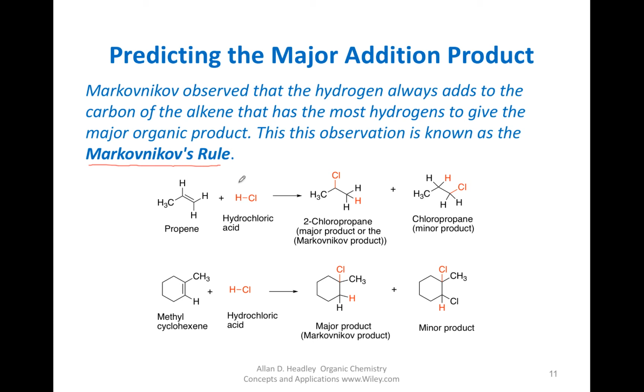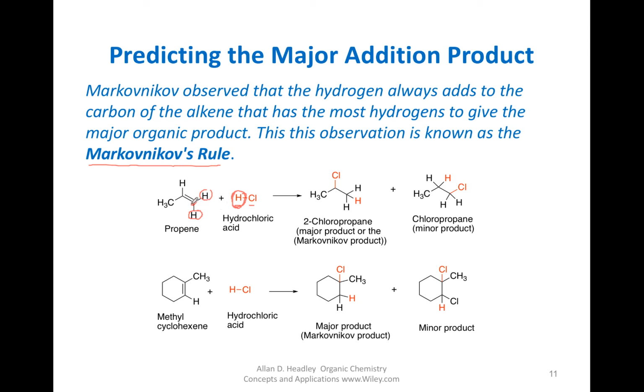He observed that if we're adding HX, here is HCl, for example, where Cl is the nucleophile, the hydrogen always adds to the carbon of the double bond that has the most hydrogens.